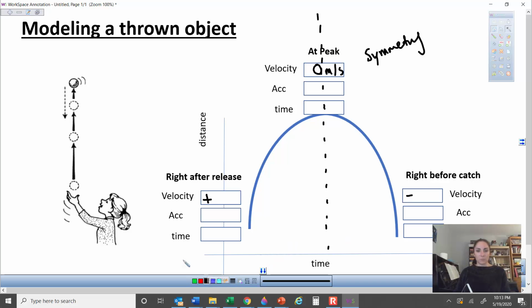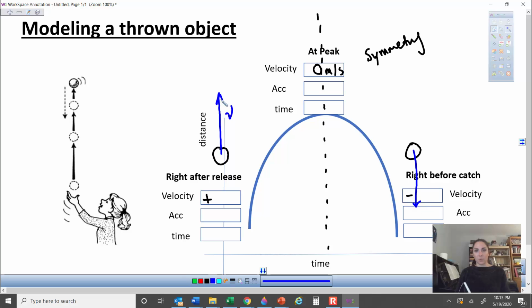So if I were to draw the object right here, the velocity vector would be pointing upward like this. There would be no velocity vector here because there's no velocity, so it would be missing. If I drew the object right here with the velocity vector, it would be straight down like this.